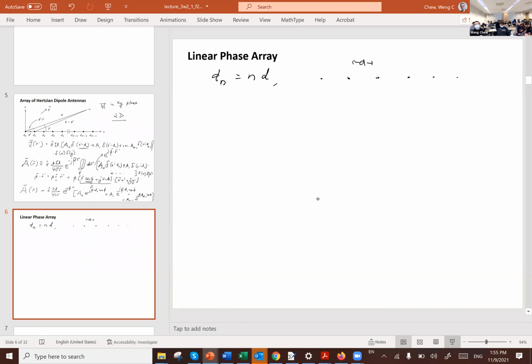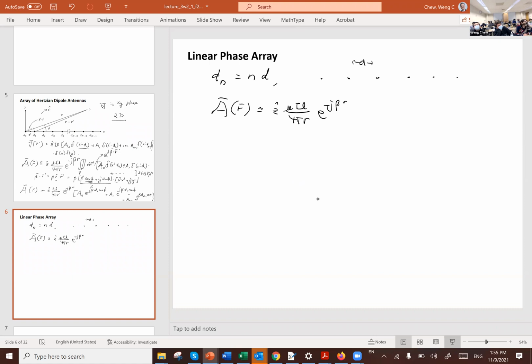Then the A that we have would be Z I L, mu I L over 4 pi r e to the minus j beta r.